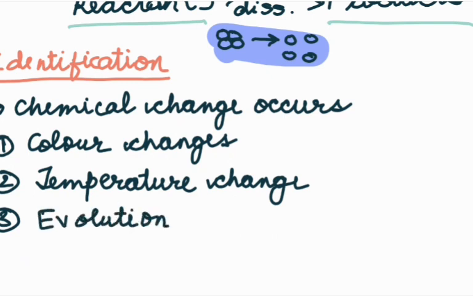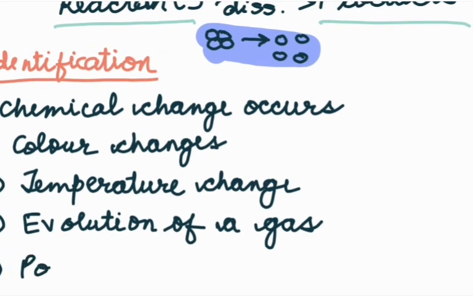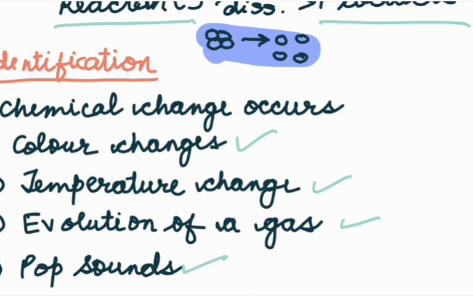We will see examples where we can find that a gas has evolved. We can also have some sounds, like pop sounds, which can also indicate that a chemical reaction has taken place. So either color change, temperature change, evolution of gas, or some pop sounds can be there. If these things are happening, we can say that a reaction has taken place for sure.